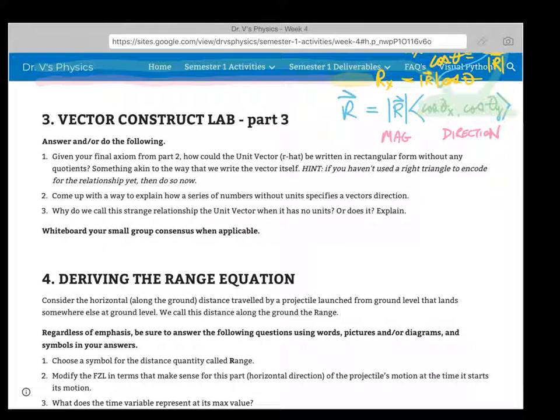Look up at this Rx per R. R sub x would be a length along the x-axis. The magnitude of R is a length. And assuming they're in the same units, which would be easy to do, if I take some number of meters and divide it by some other number of meters, I no longer have any meters.